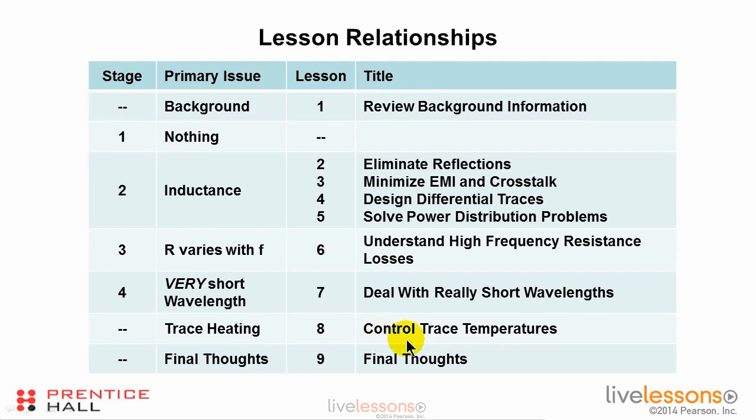This is not normally thought of as a signal integrity issue, but it is a board design issue, and I kind of thought it would be good to include this along with the rest of the package, talking about the relationship between trace currents and temperatures and fusing currents on traces and so on. And then in Lesson 9, I give you some final thoughts that I have about all of the topics that we've covered up to that point.